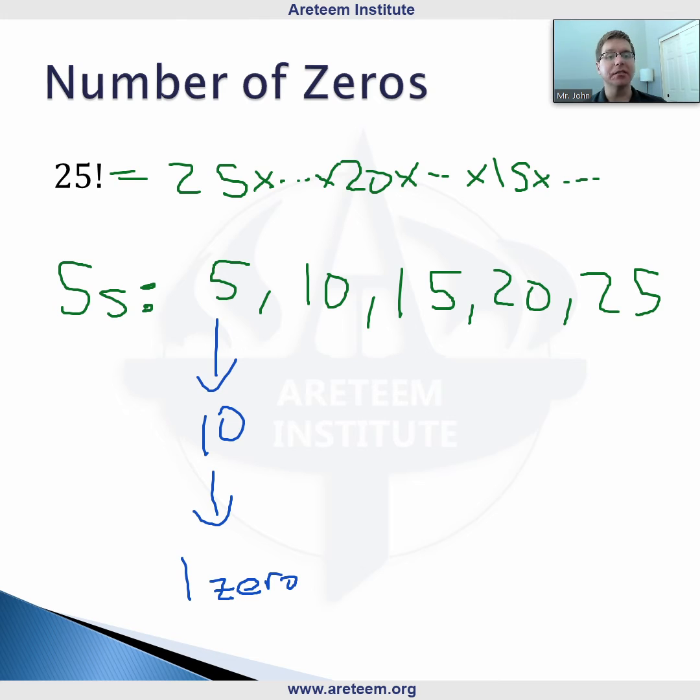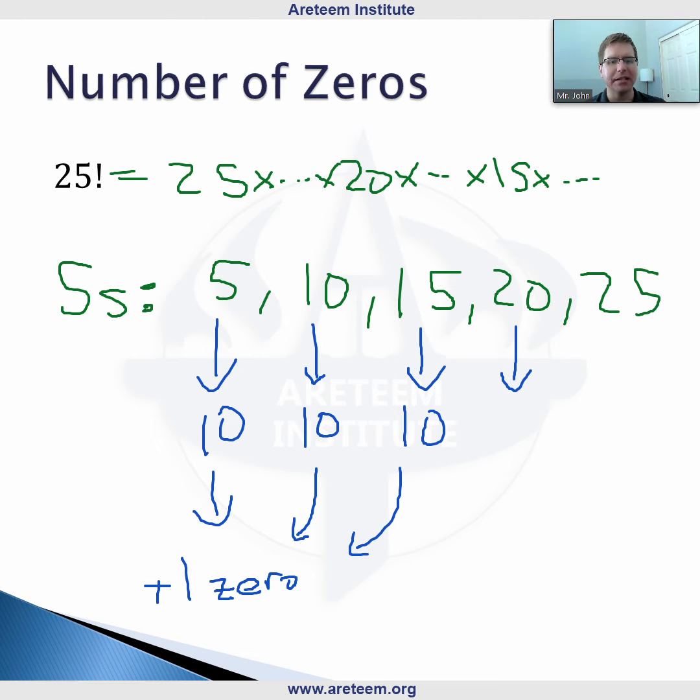And this strategy can continue. Notice 10 itself is 5 times 2, so that gives us, of course, a 10 here. We can pair up the 15 with a 2, and that will give us a 10. Each of these will give us plus 1 zero in this case.